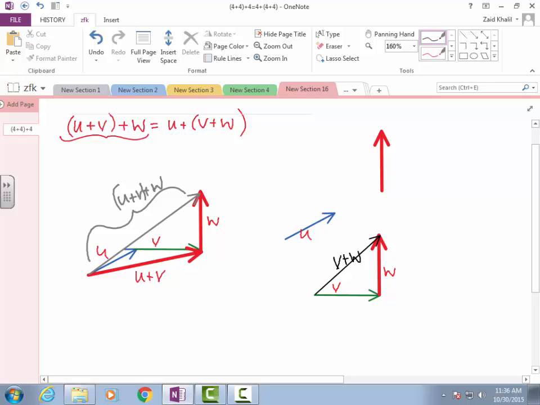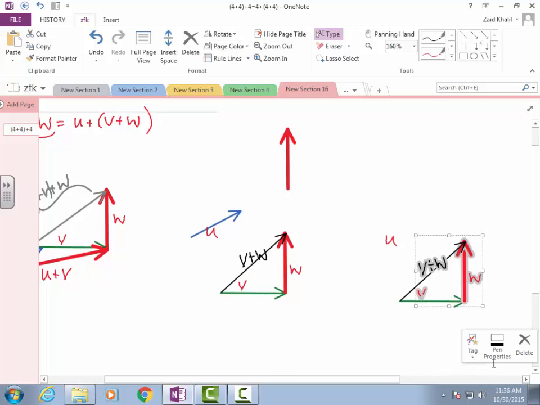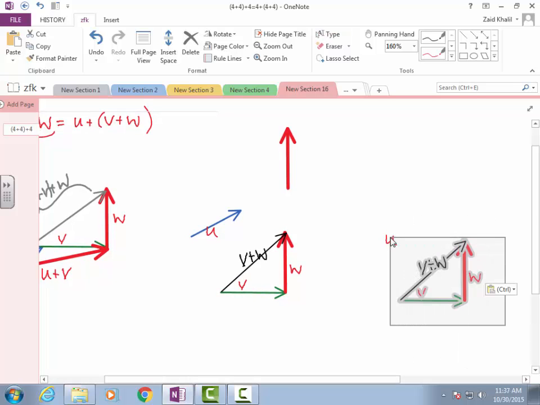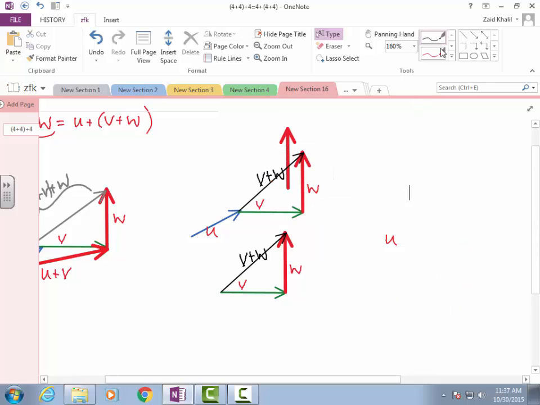Very good. So I'm going to take that whole thing, Control C, Control V. And there you go.